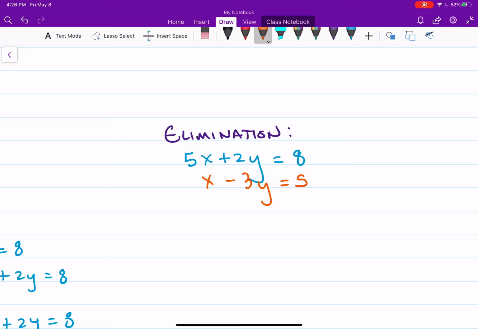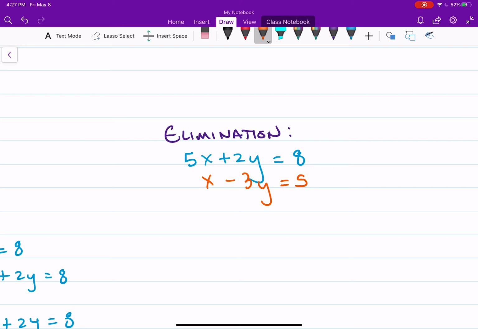What I need is for the coefficients to be the same number with opposite signs. So one positive, one negative, but the same number. Obviously 5 and 1 is not the same number. 2 and negative 3 are not the same number. But I could get the orange x to be a negative 5x, and that would give me 0 x's.